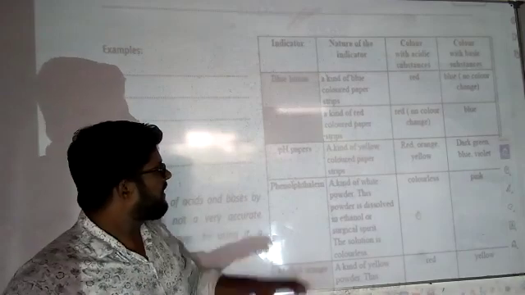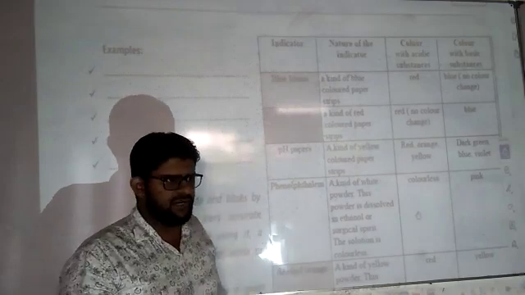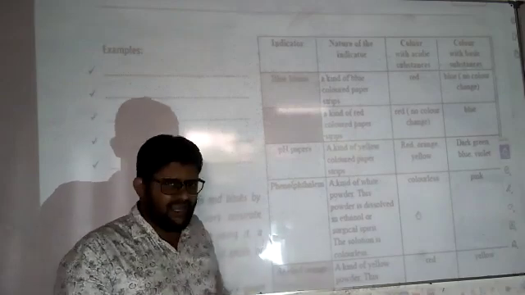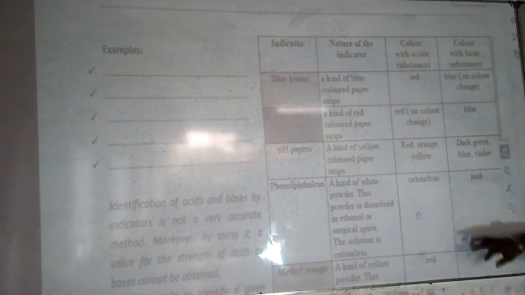pH papers are yellow-colored papers, and they have a range, 0 to 14. We take it as the pH scale. Within the papers there will be a range of colors given.